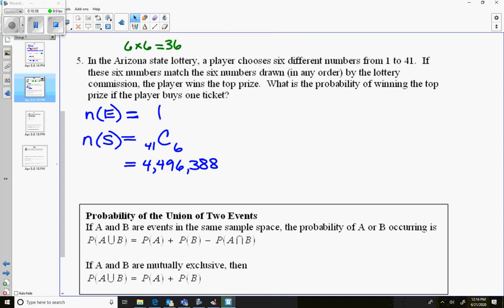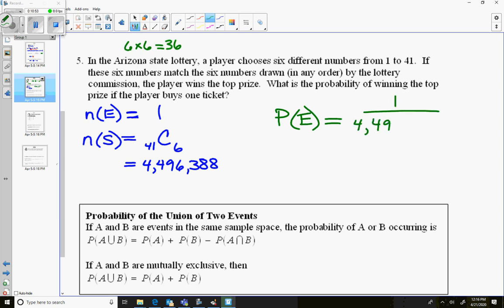So what is the probability of the event that we have the winning ticket? What's the probability that that happens? 1 out of 4,496,388.